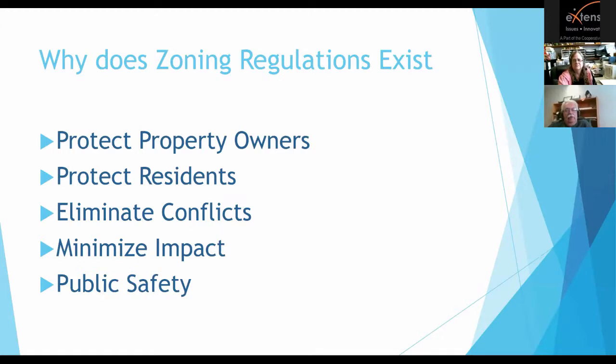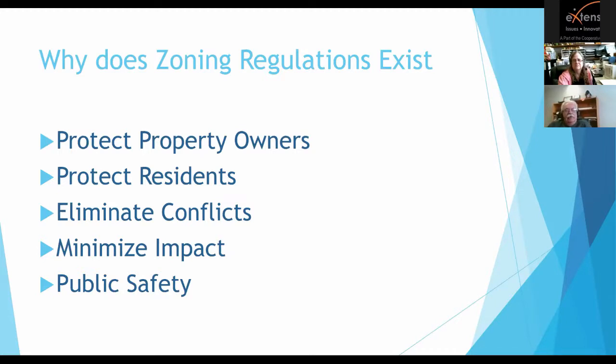It not only deals with property owners, it also is in place to protect residents. So there are types of zoning regulations that protect all the people in the area. An example would be requiring a fence around a swimming pool. It's not only about property owners, it's about all residents that could be exposed to that hazard.